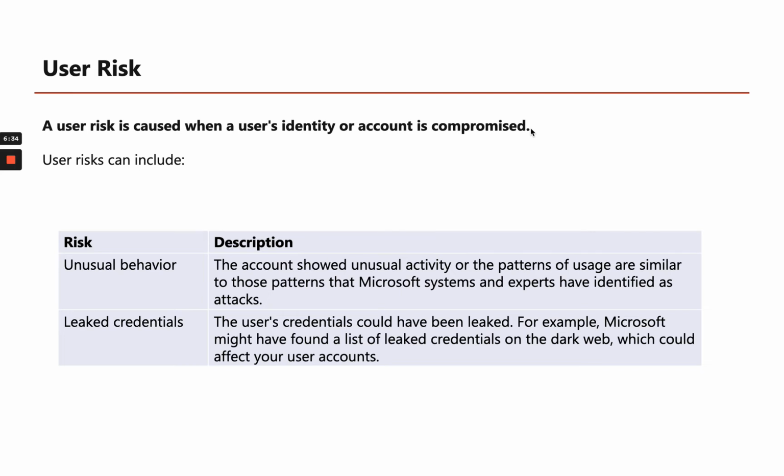So let's say the user didn't even sign in, but their credentials were leaked on the dark web or somewhere. Credential leaks happen all the time. Then Azure Active Directory will put them at a high or maybe a medium risk depending on the breach. That is how the user risk works.